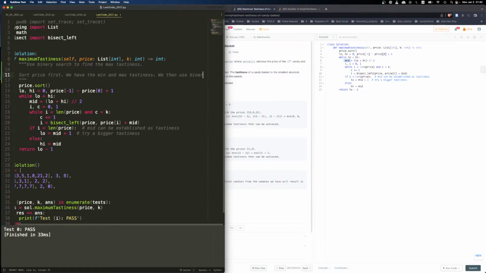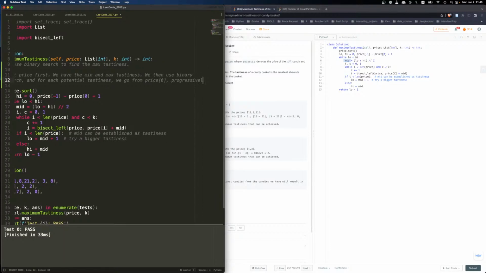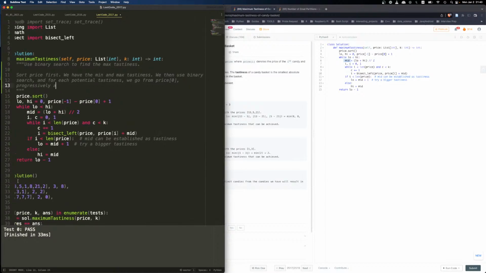Then use binary search, and for each potential tastiness, we go from price 0, right? Progressively add the current tastiness.